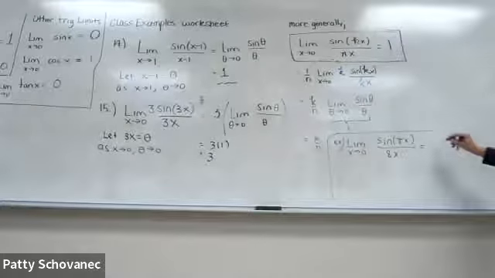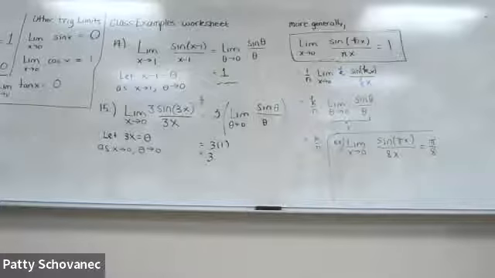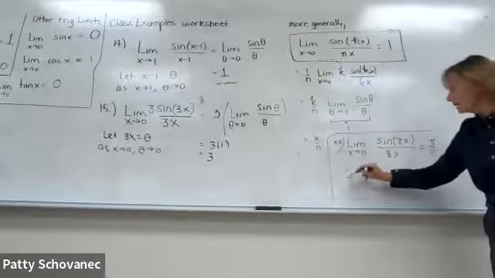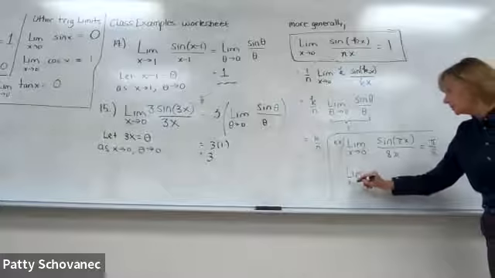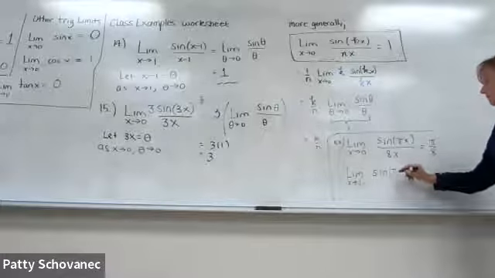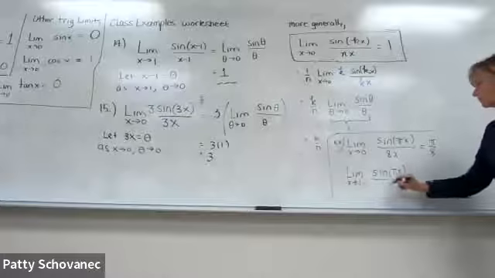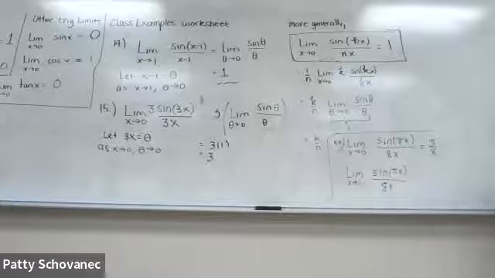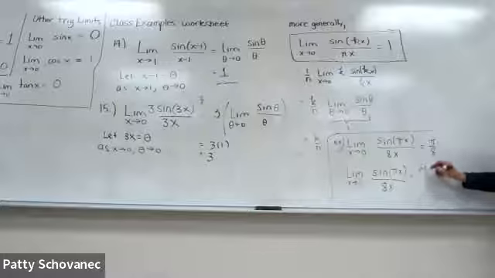Pi over 8, using our special limit. Okay, but that's only if x goes to 0. What if I have the limit as x goes to 1? Well, if x goes to 1, I get the sine of pi over 8.